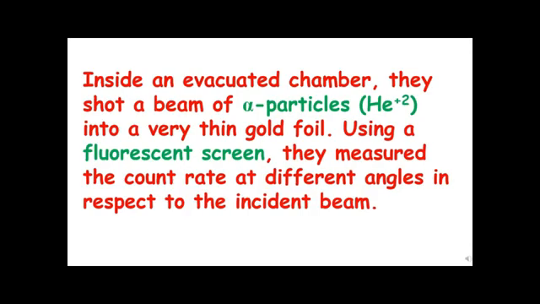The detailed experimental setup includes an evacuated chamber in which alpha particles are shot on a thin gold foil, and using a fluorescent screen like zinc sulfide, the scattering of alpha particles at different angles with respect to the incident beam will be recorded.